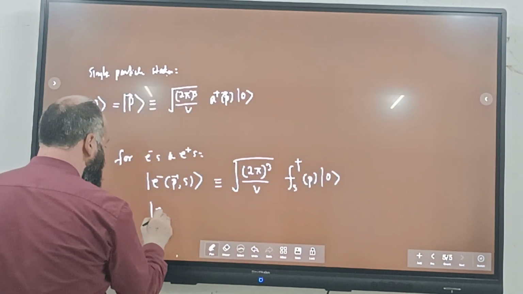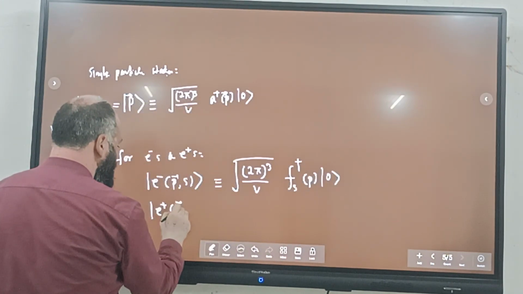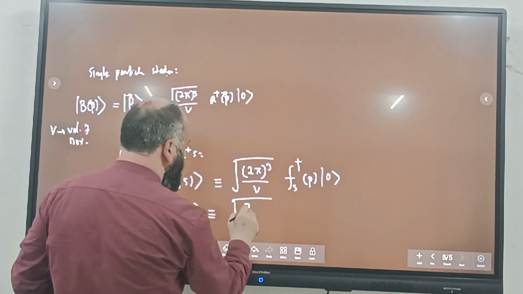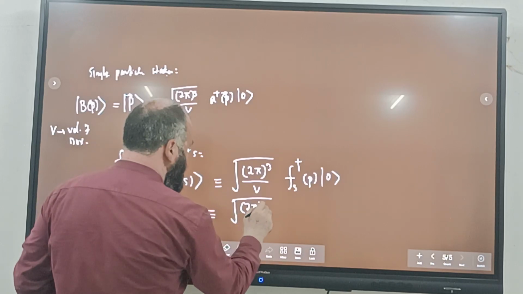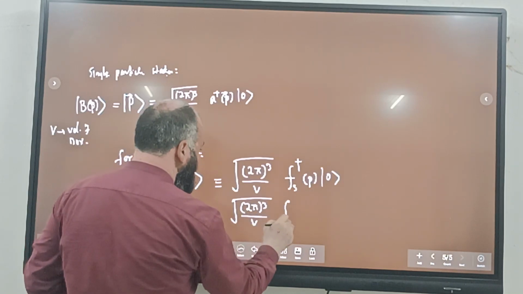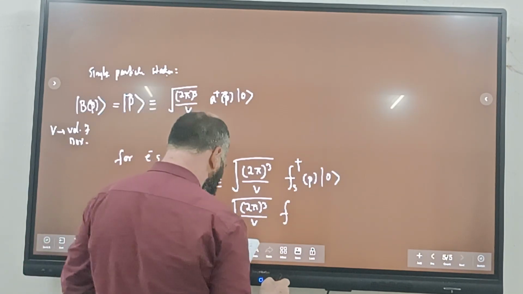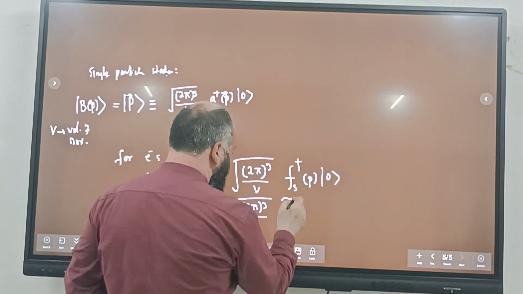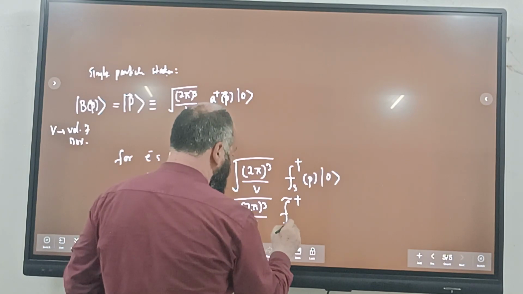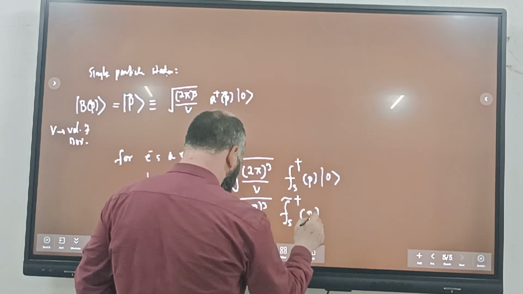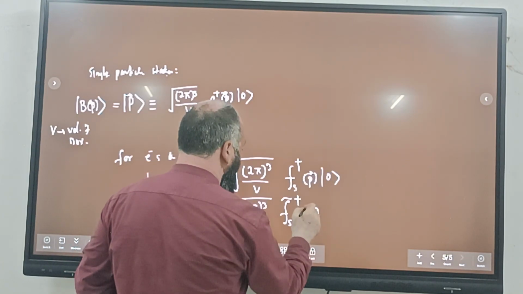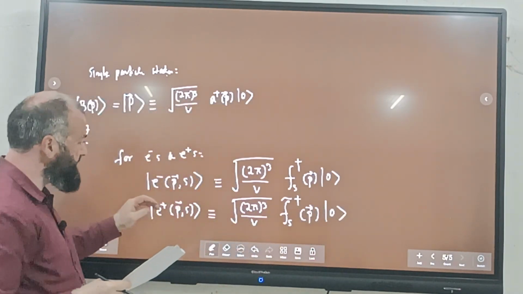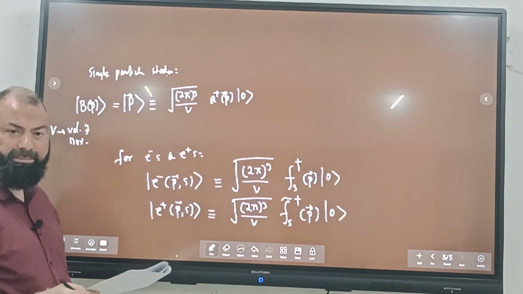And now let me write E plus, F tilde dagger, we write as something. So this gives me the particle state. This is the antiparticle state.